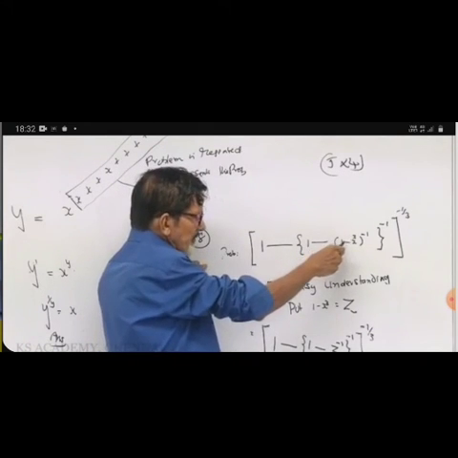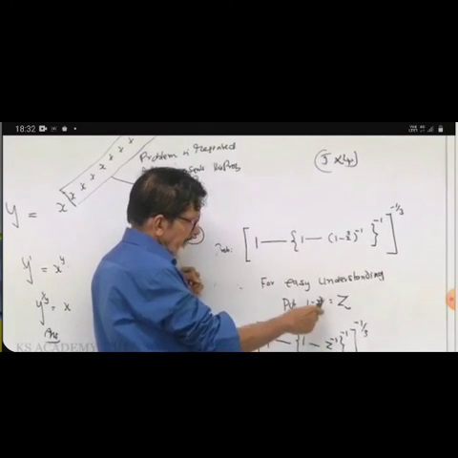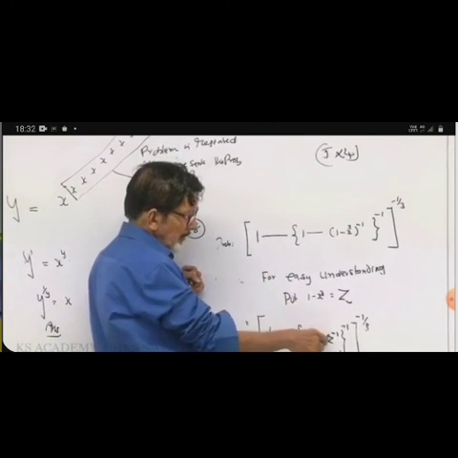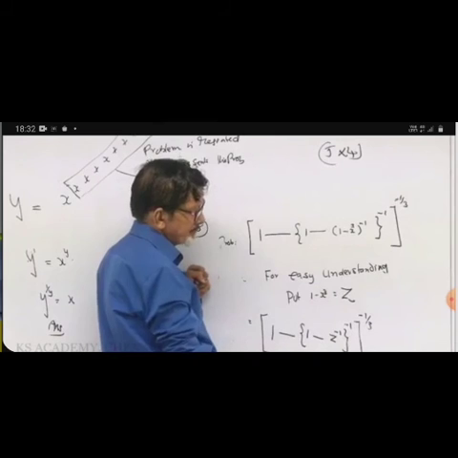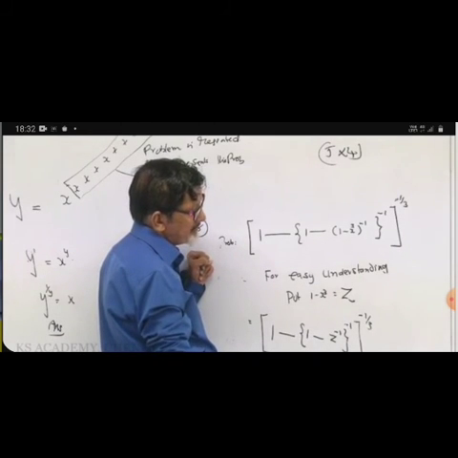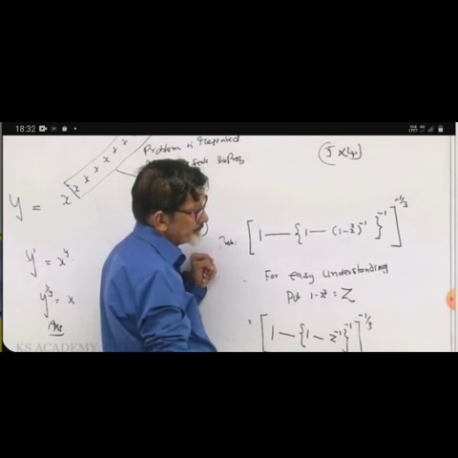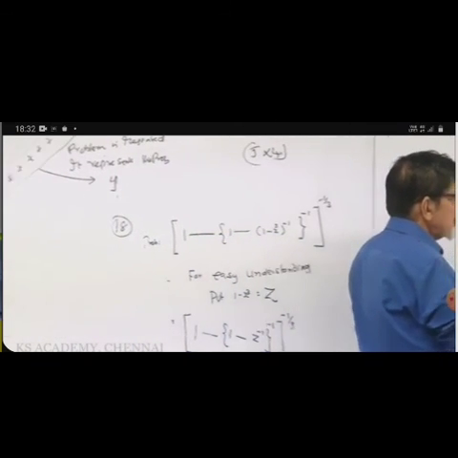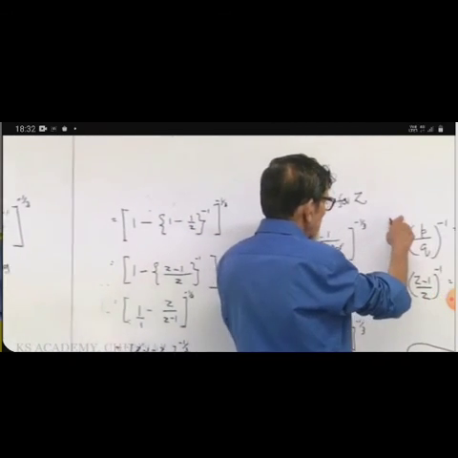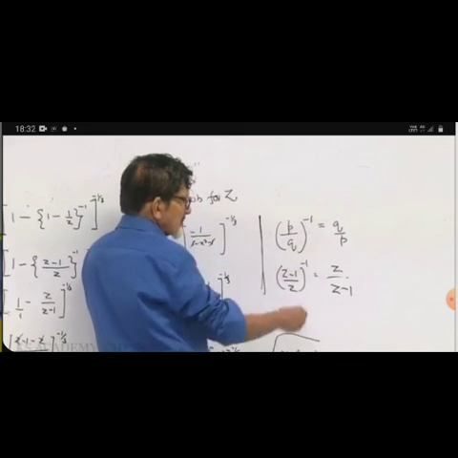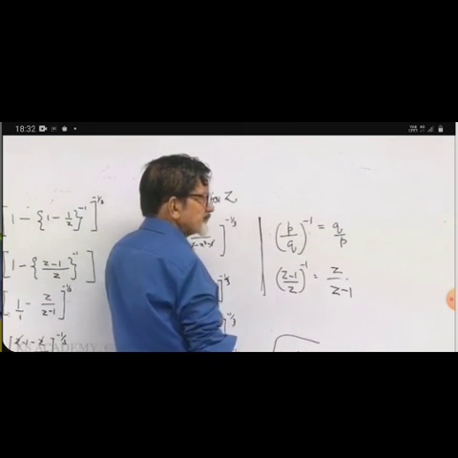You put the z minus 1, 1 by z. LCM taken, z minus 1 by z. What is the meaning of z minus 1 by z? Refer to the notes, fractional powers. P by q whole power minus 1, answer is q by p.